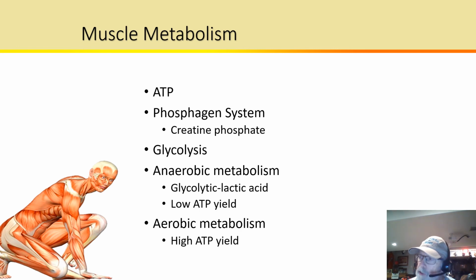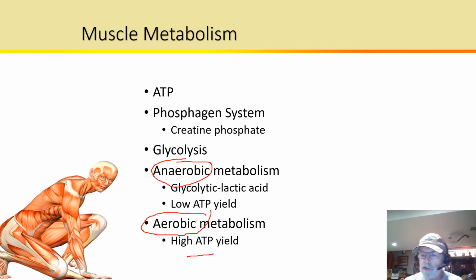But in the process of how this happens, it depends upon if I have oxygen present or if I don't have oxygen present. If I have oxygen present, which is what we call aerobic metabolism, I have a very high yield of ATP.